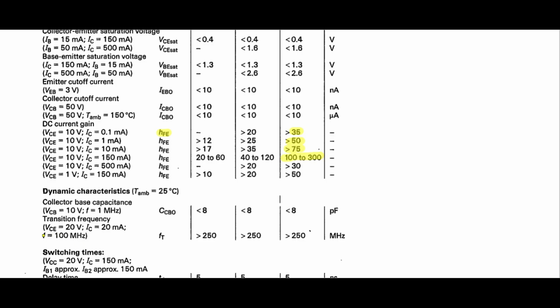Dynamic characteristic, look at the bandwidth, you see greater than 250 megahertz. Switching times, delay time, rise time, storage time, fall time. These are something that we discussed in the dynamic characteristic.